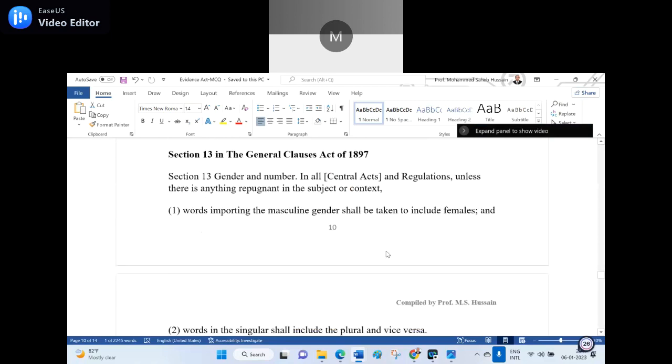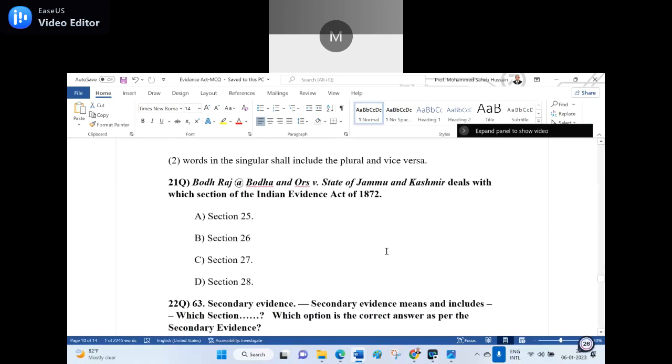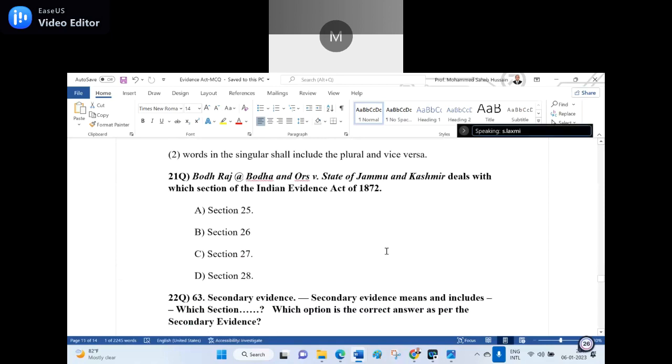Now the 21st question. Bodhraj and others versus State of Jammu and Kashmir deals with which section of the Indian Evidence Act of 1872? A. Section 25, B. Section 26, C. Section 27, D. Section 28.